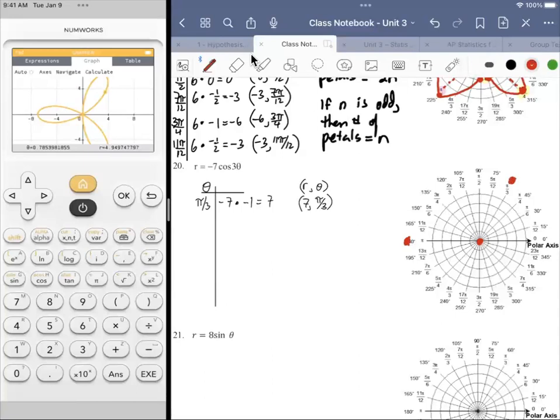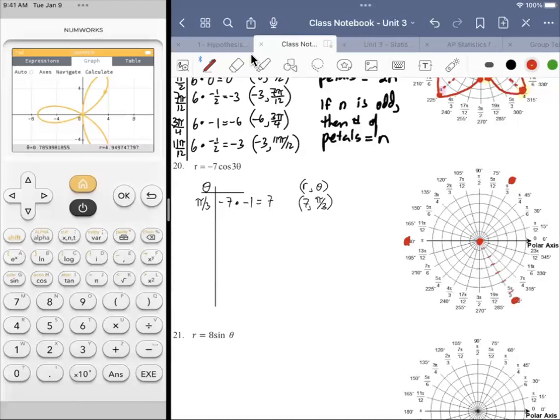And also, it looks like the petal that's going downward in the 4th quadrant seems to have the same angle. So I'm going to assume that 5 pi over 3, 7 units, again, 1, 2, 3, 4, 5, 6, 7 units away, is going to put me in that neighborhood, right?